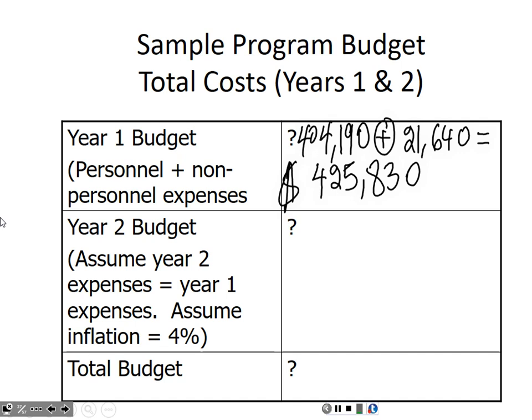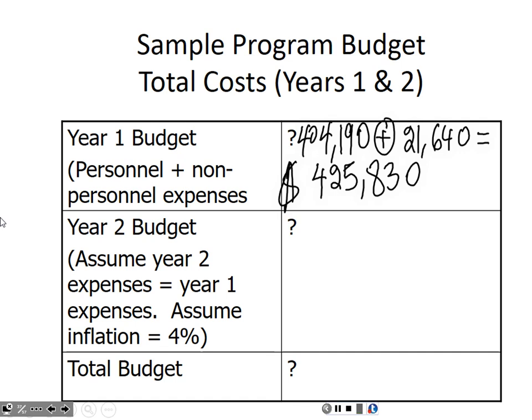Typically, that's not the case. Typically, you would need to develop another budget for year 2 based on your personnel and non-personnel needs for year 2. Okay? So again, I mentioned the last project in 2016, we applied for a 6-year research and evaluation study.